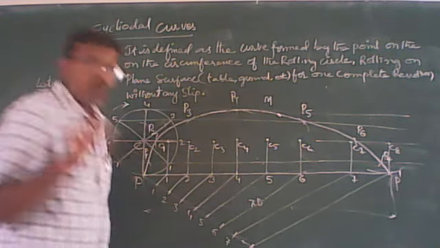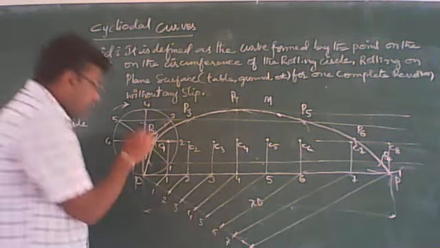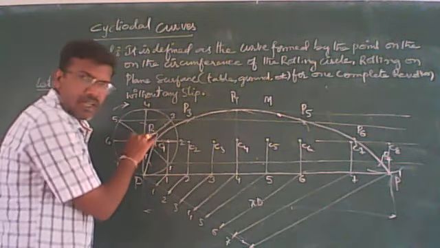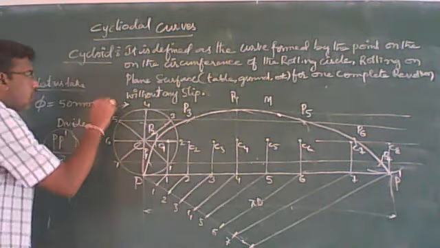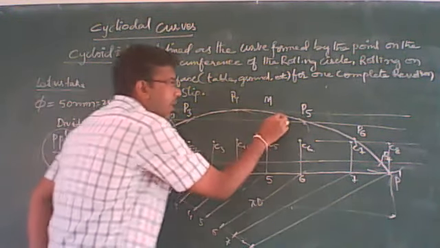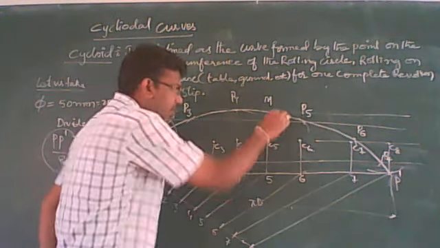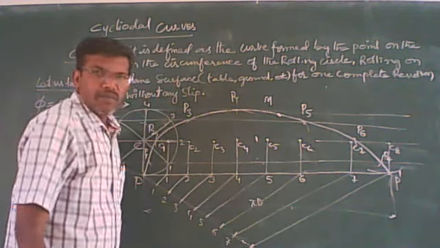The procedure to draw the tangent and normal is, take the radius of the rolling circle, that is R, which is nothing but 25 mm. Keeping M as a center, make an arc on the center line.